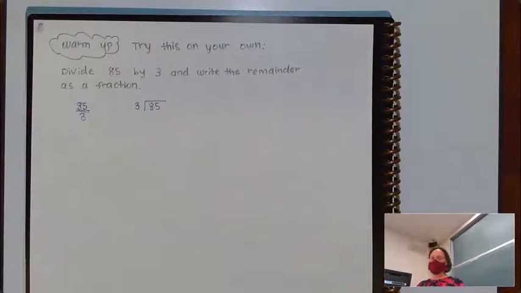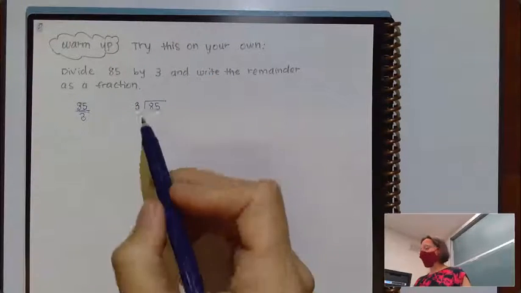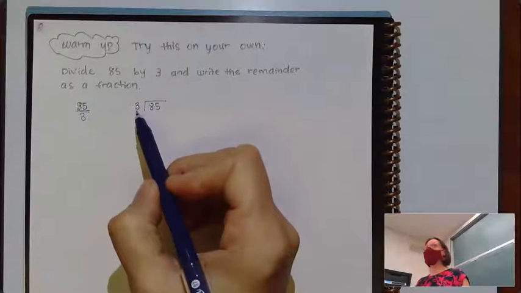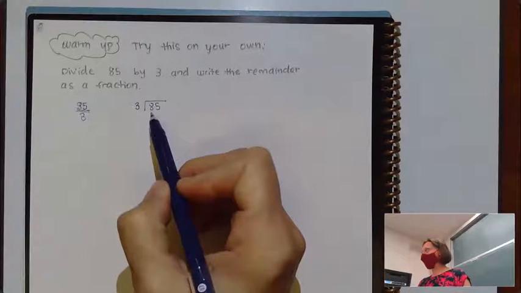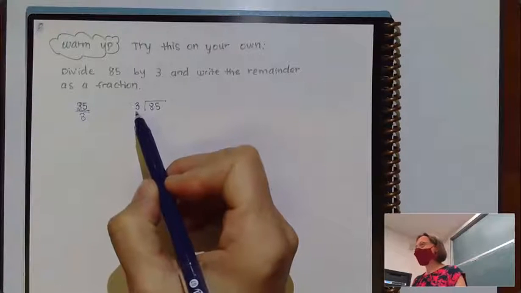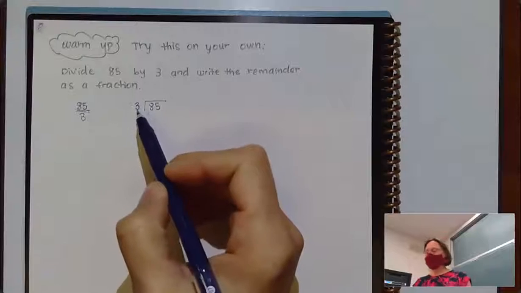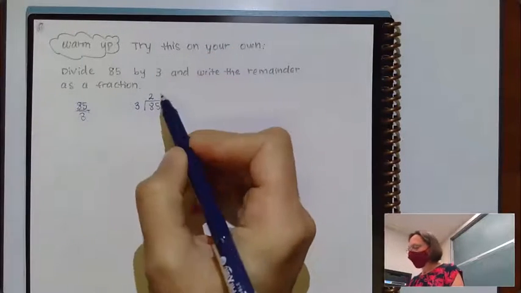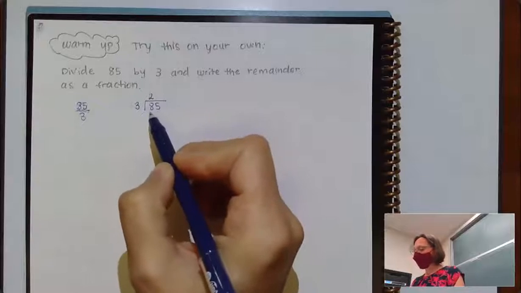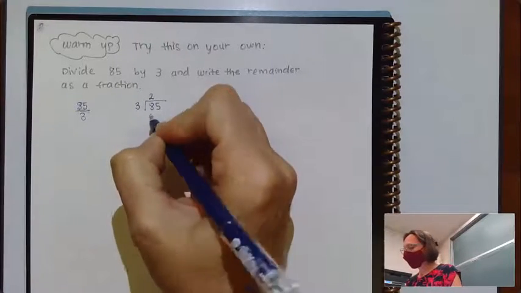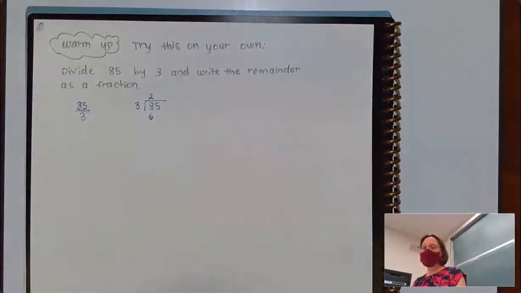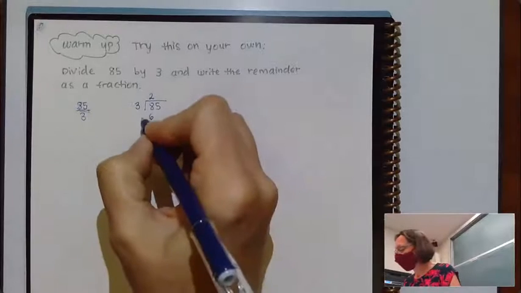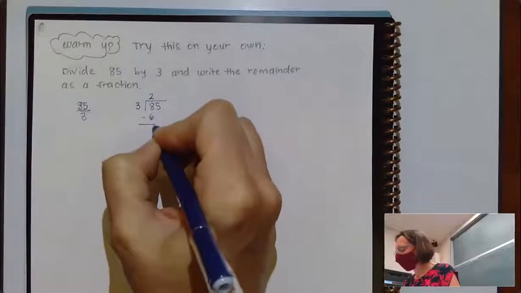And the algorithm that we use is we're thinking, I need to multiply 3 by something to get close to 8, but without going over. So if I multiply 3 by 2, then 2 times 3 would give me a 6. Next step in our division algorithm is that we're subtracting that 6.